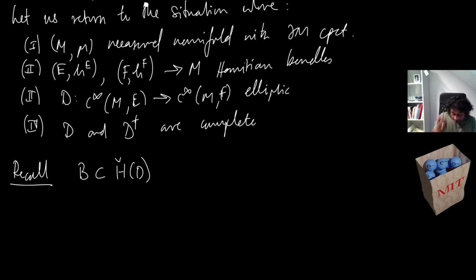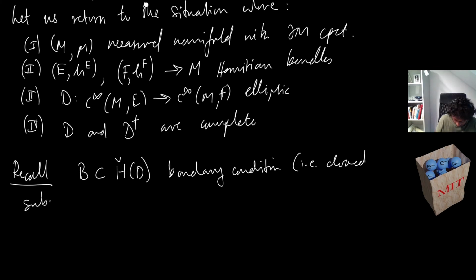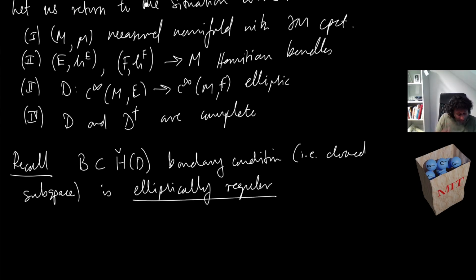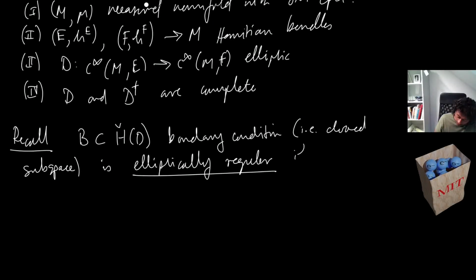We've already seen that before. So we say B is a boundary condition, i.e. closed subspace, elliptically regular, so we may have even defined this before, but let's just recall it.